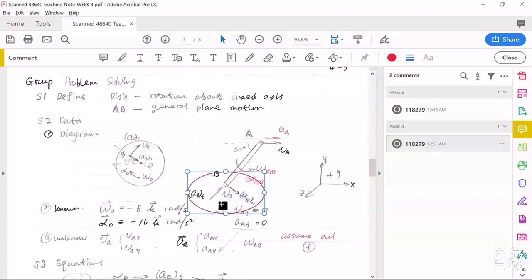All these are exactly the same as those shown in the kinematics diagram of the disk.